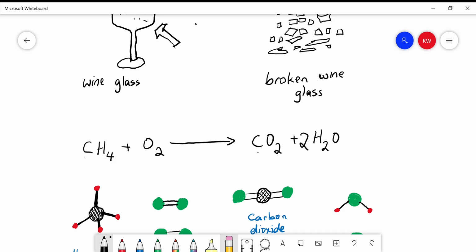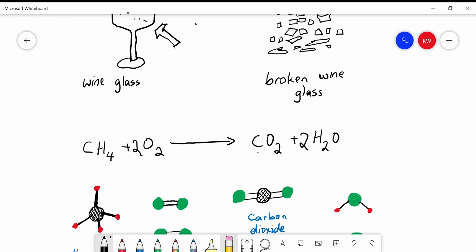Remember, when you're balancing an equation, you can only put numbers in front, the coefficients. Now we have one carbon, four hydrogens, four hydrogens. But let's check our oxygens. We have two oxygen plus two oxygen, so four oxygen on the product side, and we have two here, so we need to multiply by two here. So now this equation is balanced.